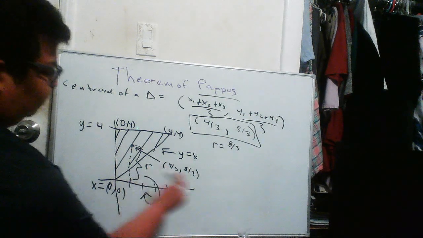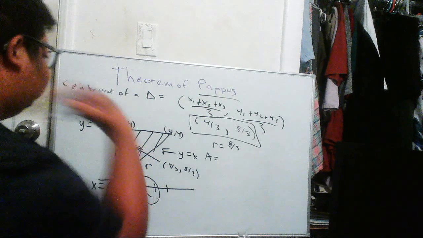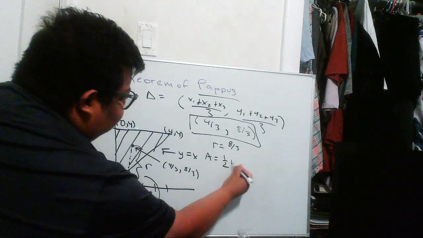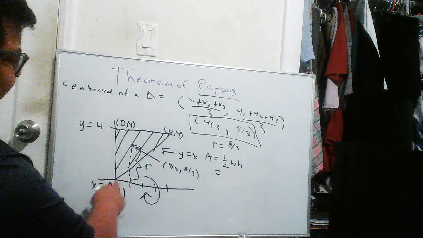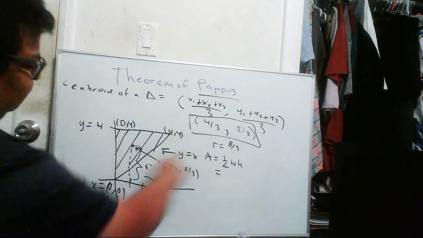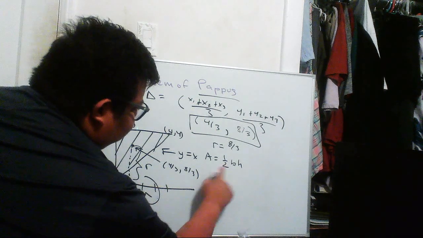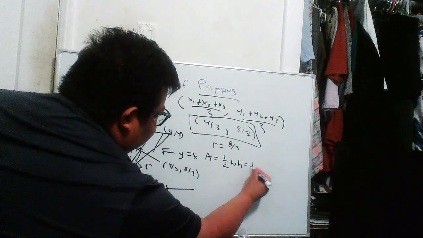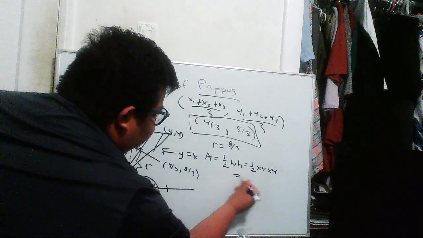And now the area of a triangle, of course, equals 1/2 base times height, which is 1/2 times 4 times 4, which is equal to 8.